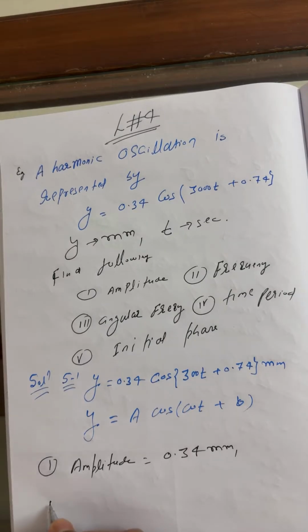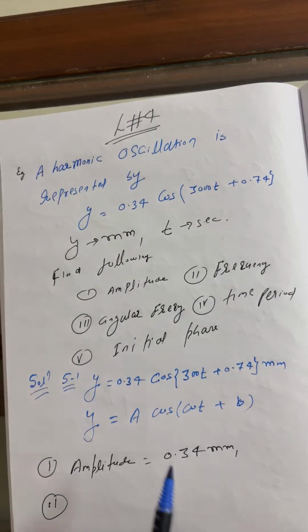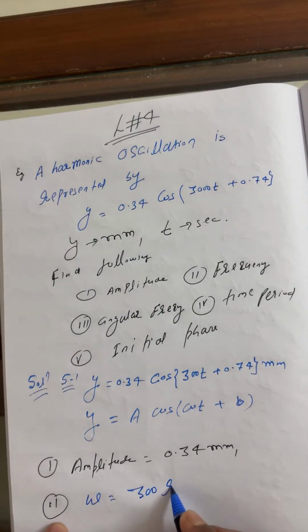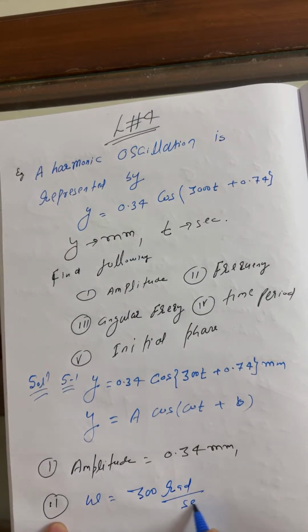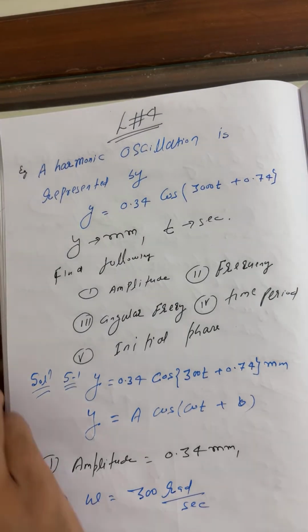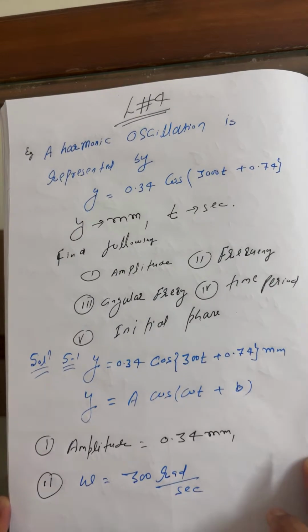Second, beta, what we wish to find is frequency. Equate from these equations: omega equals 300 radian per second. We wish to find the frequency here. I hope you remember yesterday's class, I already discussed this pattern of questions.